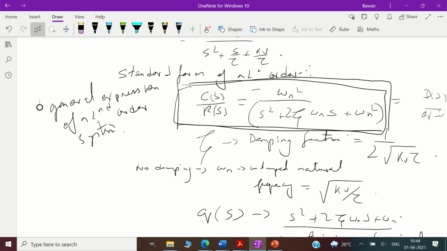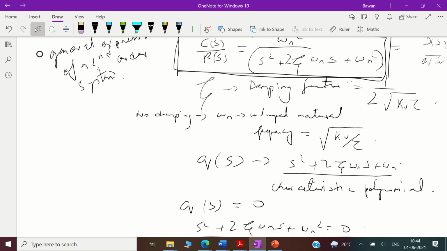Zeta is the damping factor, which is 1 by 2 Kv tau, and when there's no damping, omega n is known as the undamped natural frequency, which will be given by root of Kv by tau. So this is your omega n.